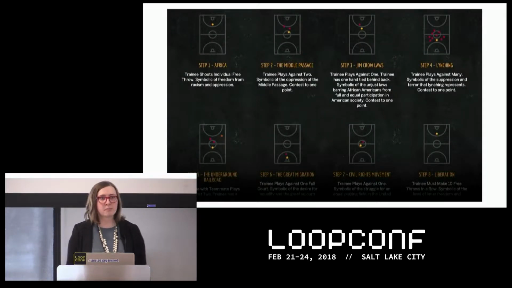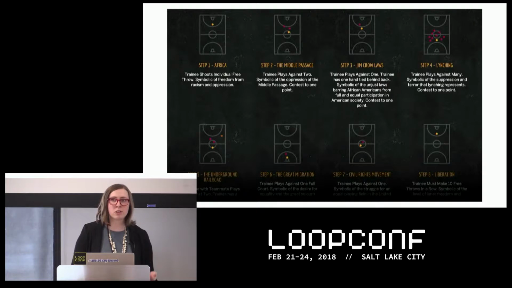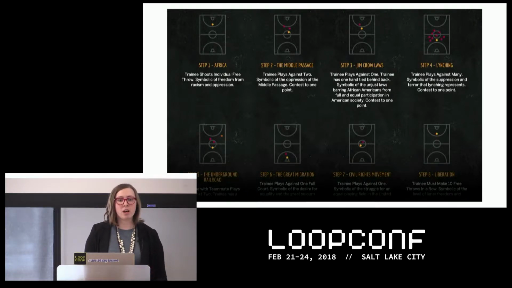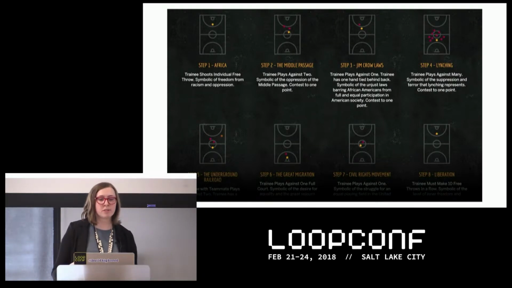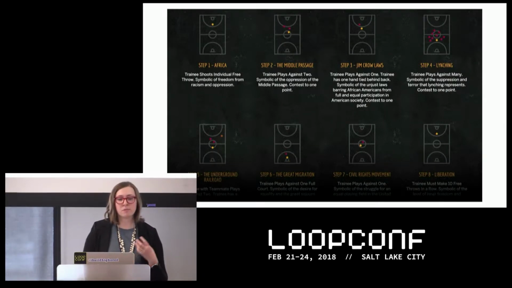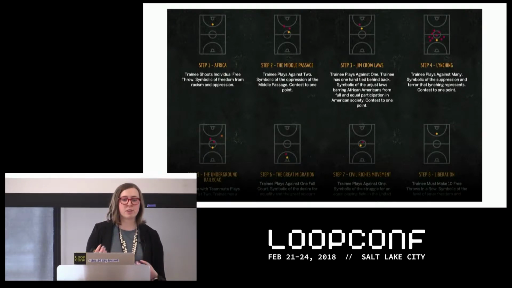Now this is done in 8 steps. This is actually designed specifically for the Malcolm X Park in Roxbury. There are 8 steps going from step 1, Africa, where you're playing on the court and just doing some free throws, symbolic of freedom from racism and oppression because it's the origin.